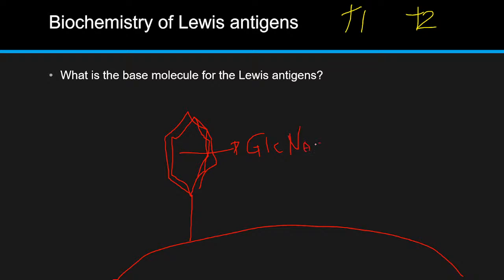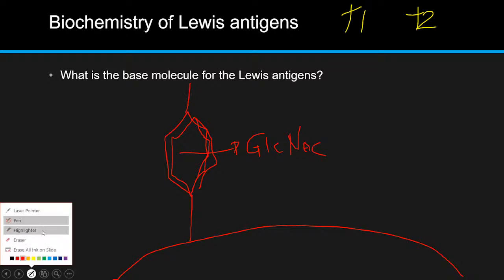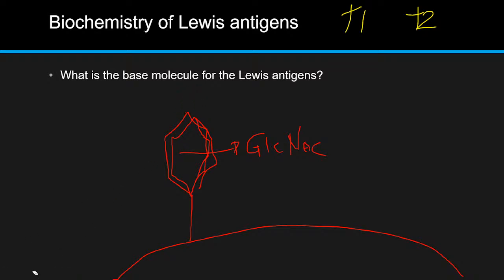GlcNAc. Glucose and acetyl. If it's type 1, it has a beta 1,3 linkage of galactose here. So how do I know it's a beta 1,3 linkage of galactose?